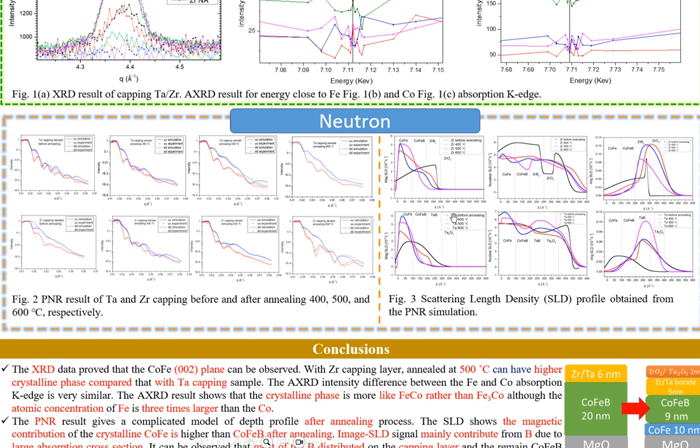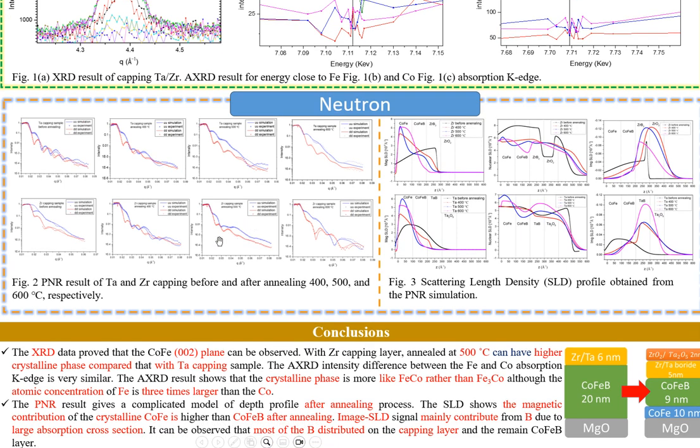We can separate it into the magnetic part, the normal part and the imaginary part. The magnetic scattering length density can be used to explain the magnetic moment, and the imaginary part of the scattering length density can be used to explain the boron distribution of the whole film.